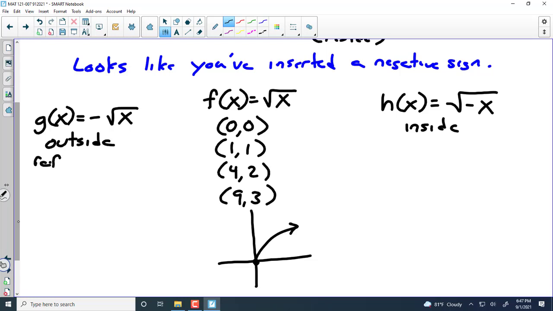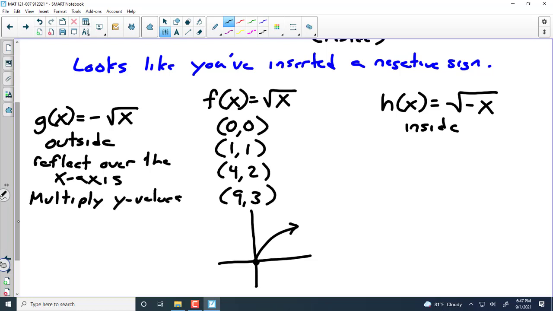This one will make you reflect over the x-axis. But here's the tricky thing. That does make you reflect over the x-axis. But the way you adjust your ordered pairs is you multiply the y values in the ordered pairs by -1.